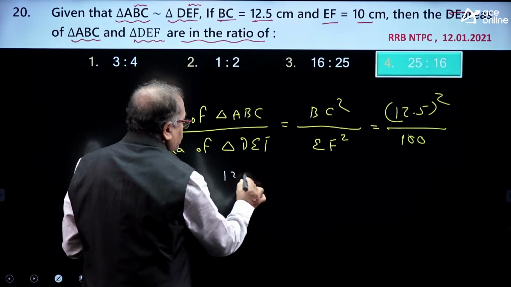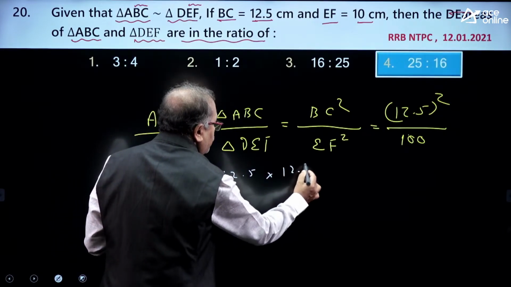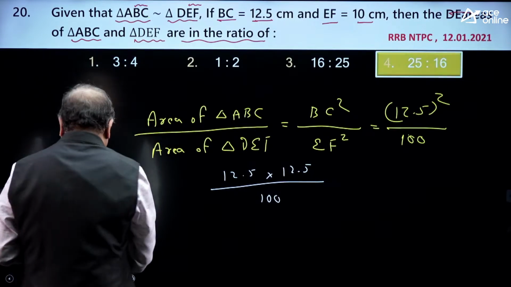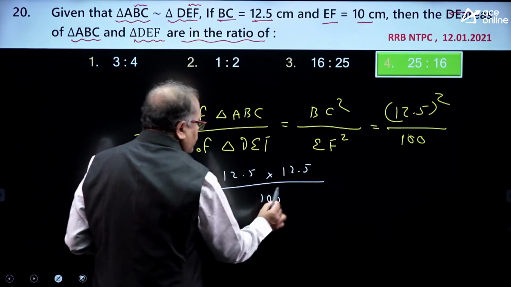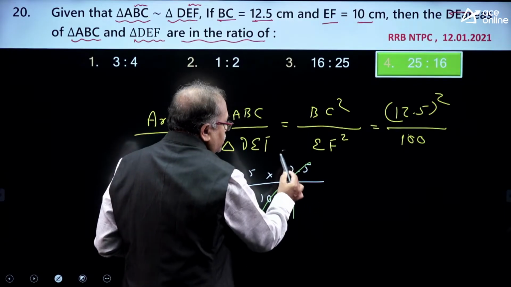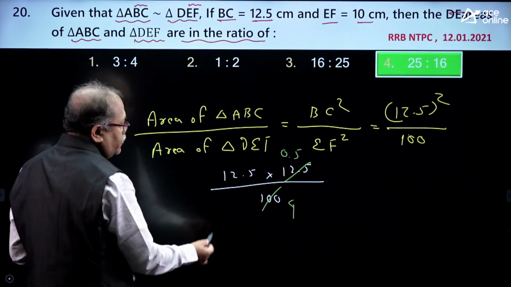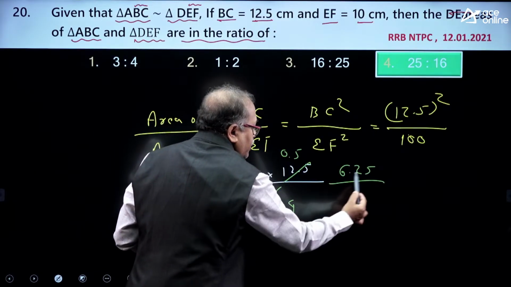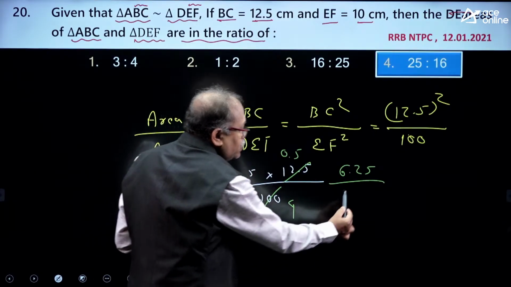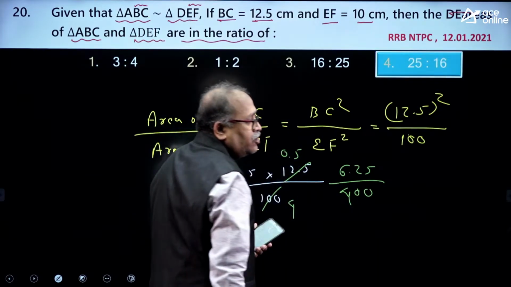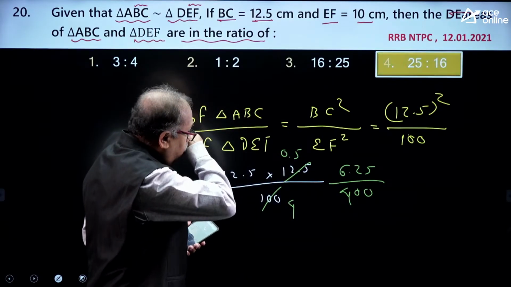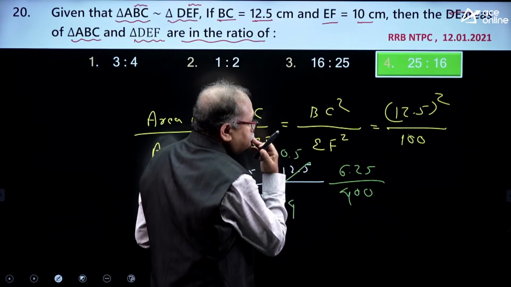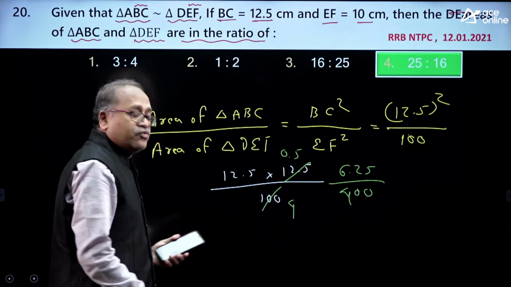Here there is nothing to do: 12.5 into 12.5 divided by 100, that's what I am looking for. 12.5 times 12.5 is 156.25, and to eliminate the decimal I place 4 over here, it is 10000 at the bottom.